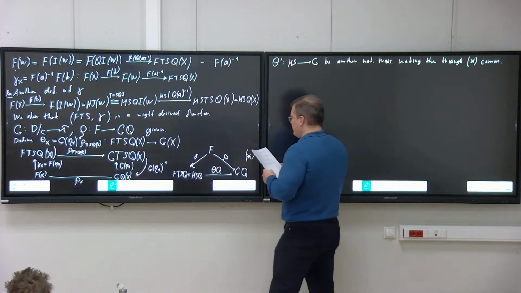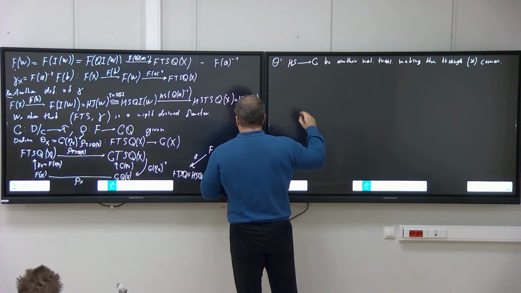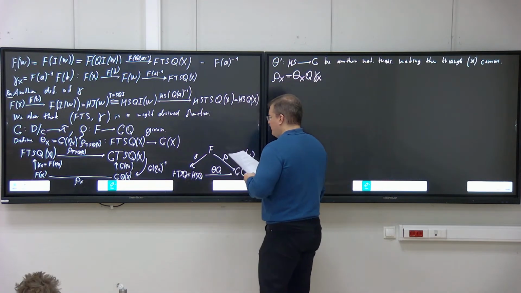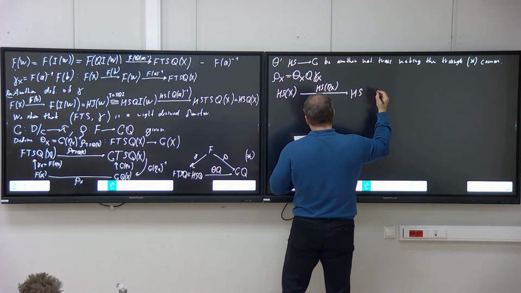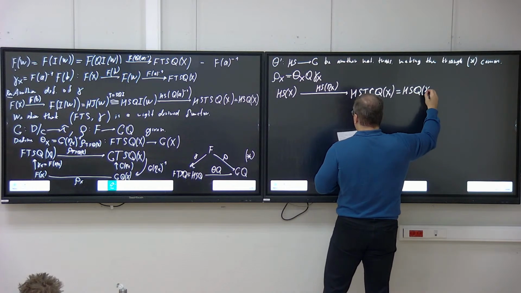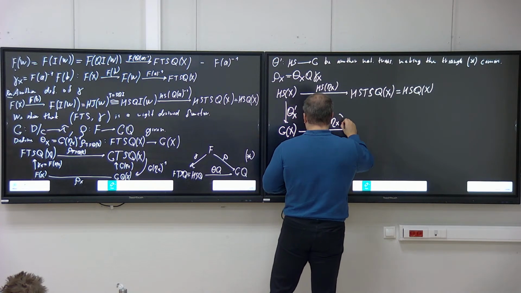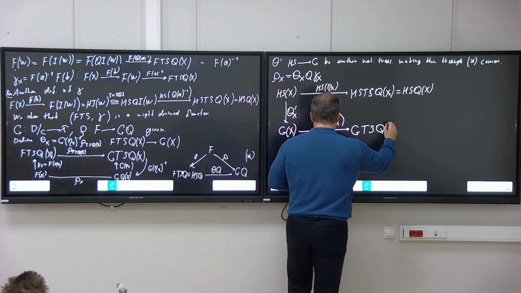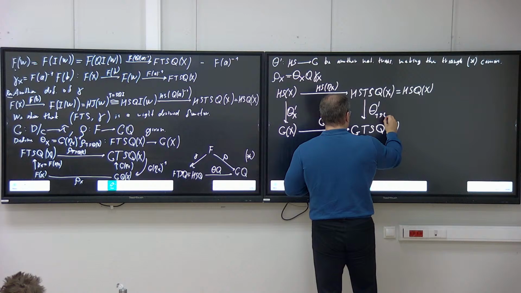So let's take another such transformation. In terms of formulas, maybe I can write this as the rho. Using that I have a natural transformation, I can write to the HS, this is G of x, this is G T S Q of x, and the map is theta prime T S Q of x.